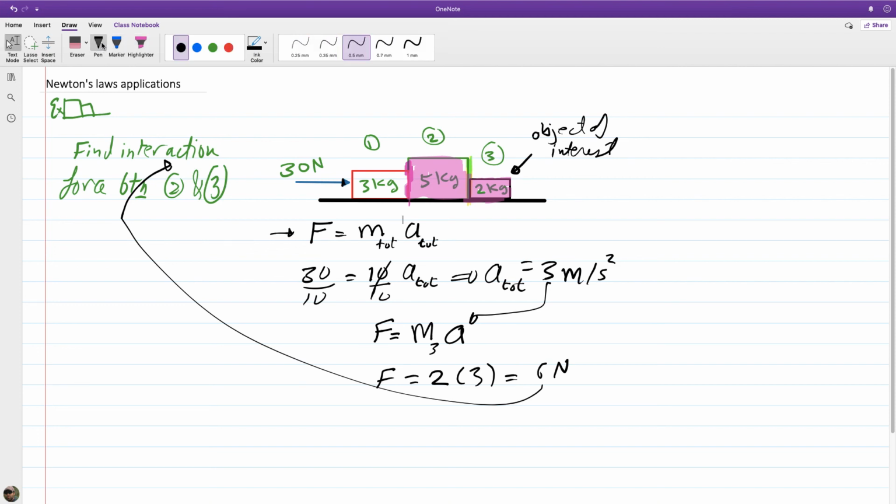So I can claim that the force is equal to the mass of 2 plus 5 times the acceleration. The force is the mass of 2 plus 5, that's 7 kilogram, and the acceleration is the same. And that's what? 21 Newton.